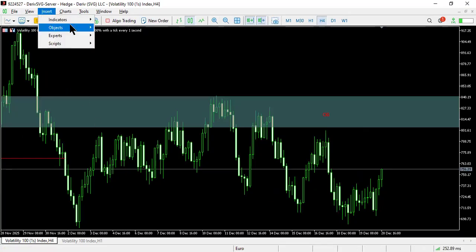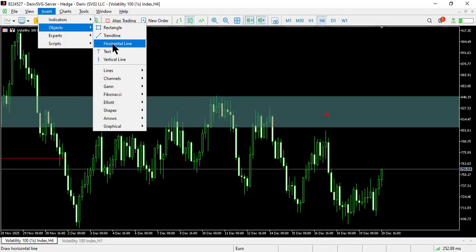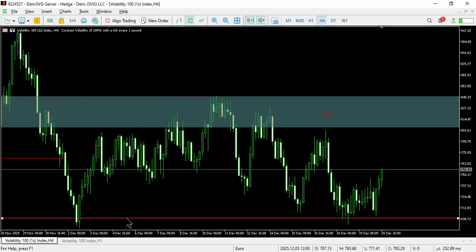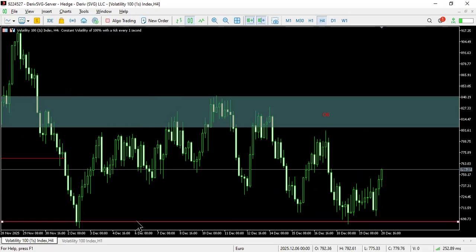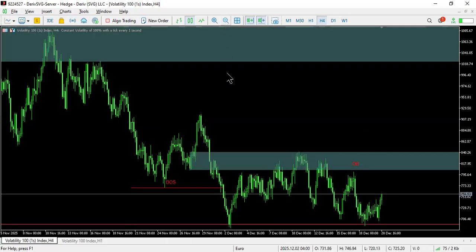And I can see a resistance level down here, rather a support level down here where price has reacted. It looks like price is ranging between this resistance and the support, and price is looking like it's going into that order block, but the overall trend is bearish.